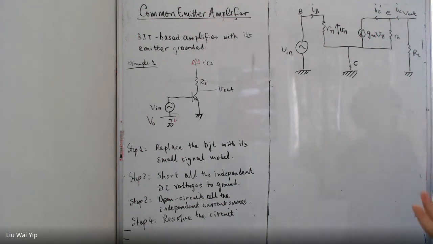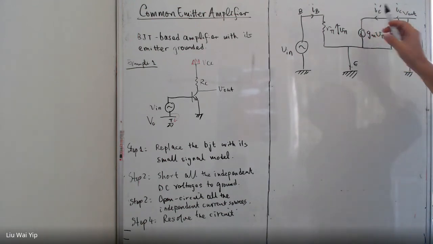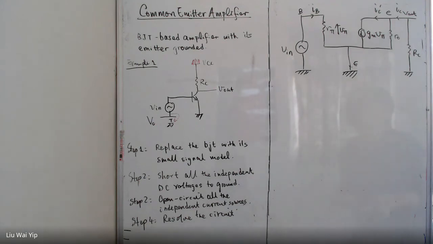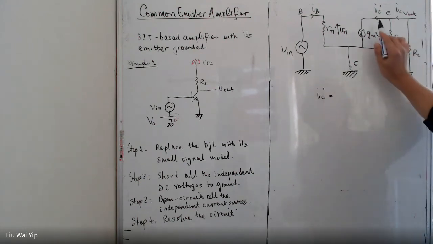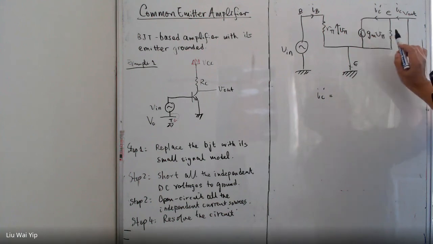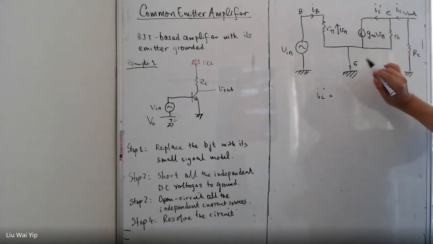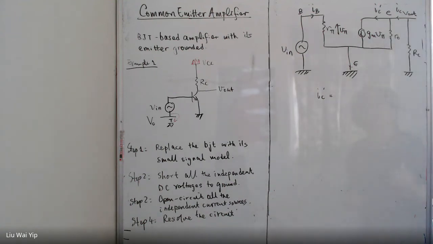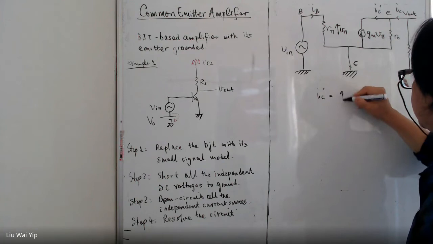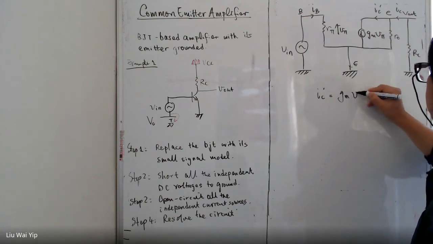What I normally do is to start from here. We know that IC dash, which is the net collector current excluding the early effect, is going to be gm V pi.